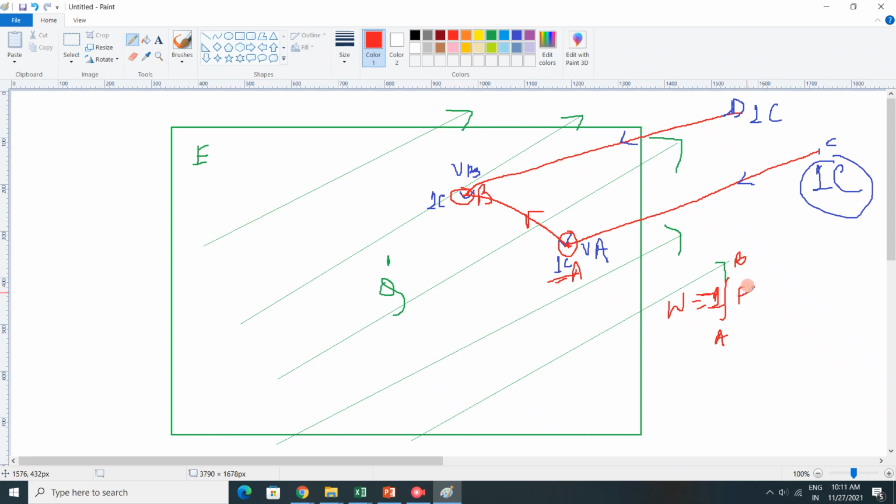So it is 1 coulomb of charge into E dot dl, that is minus E dot dl.